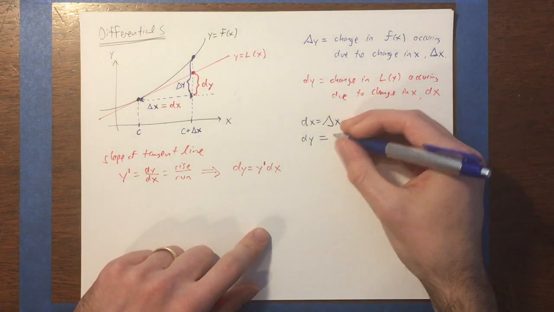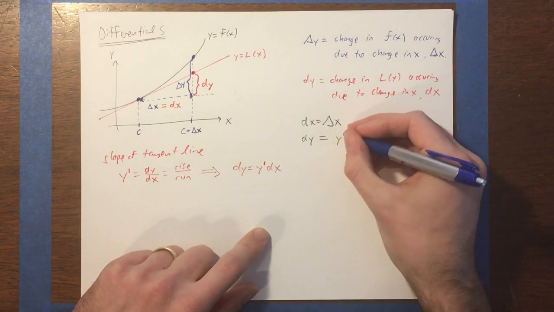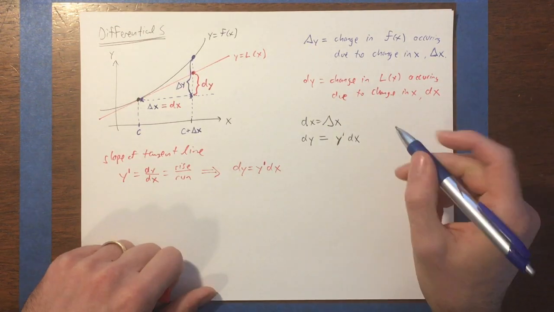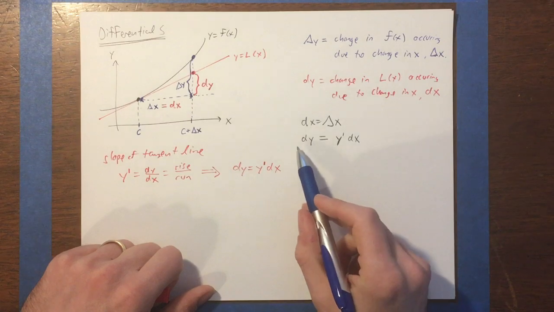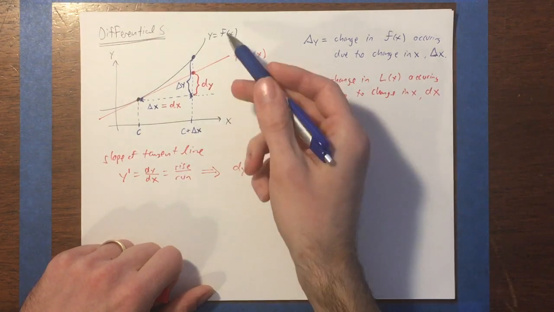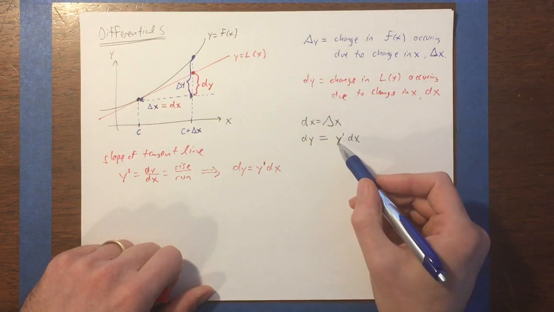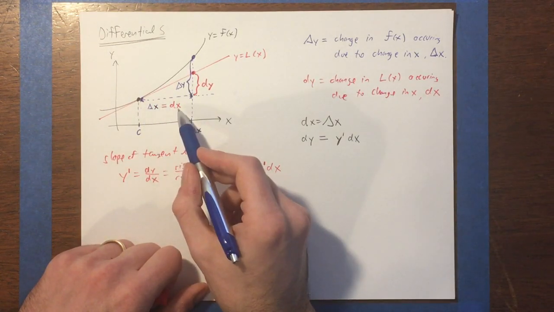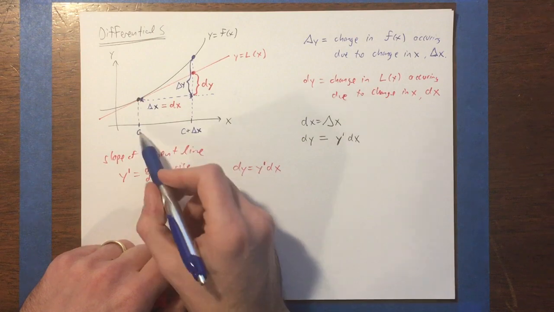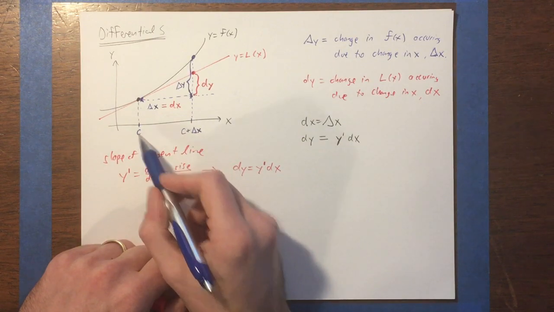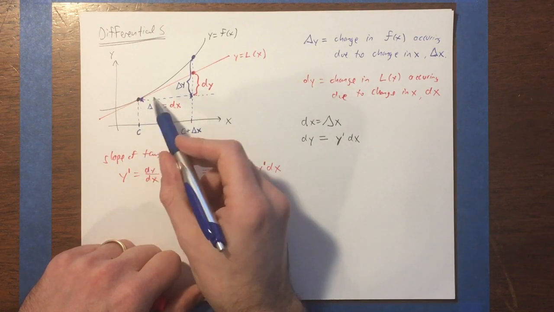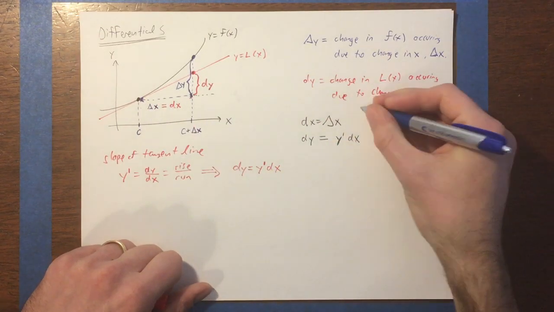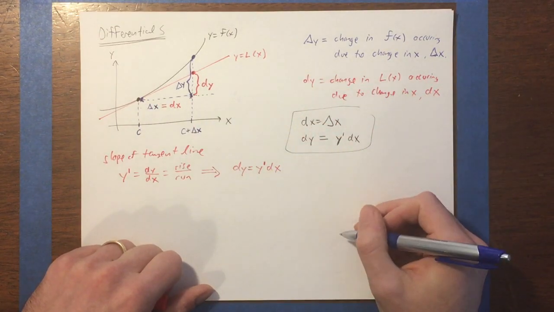So there we go, that's what I wanted to write over here: dy equals y prime times dx. Essentially, you can calculate the differential dy by taking the derivative of the function f and then multiplying that by dx. For any particular dx, you'd evaluate the derivative at c, and then get the resulting change in the linearization. So there are some formulas we're going to work with.